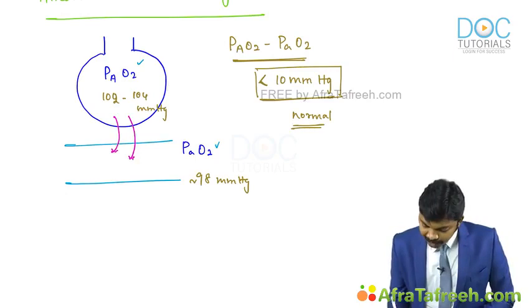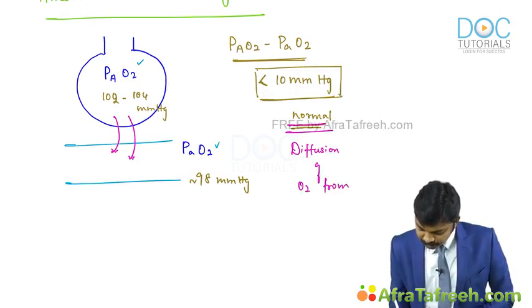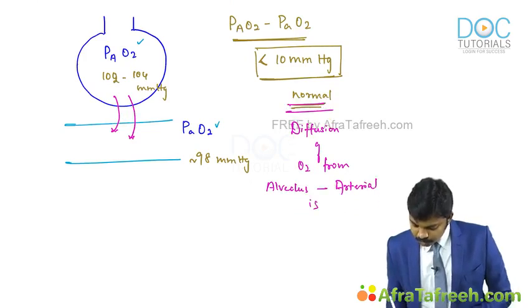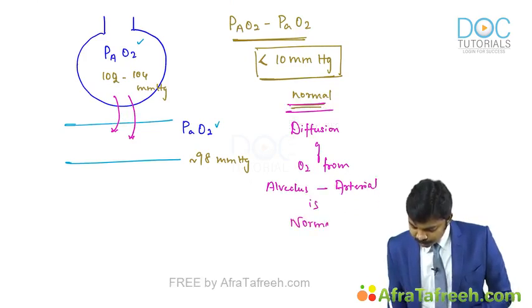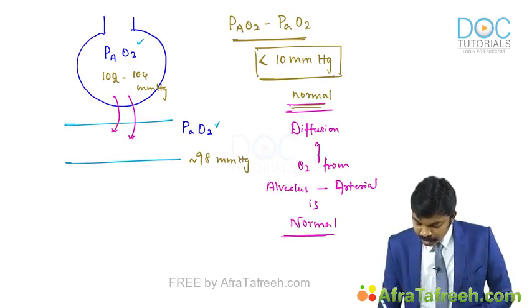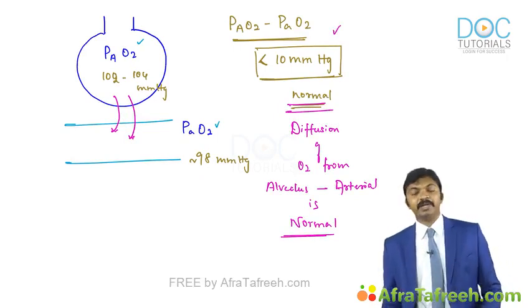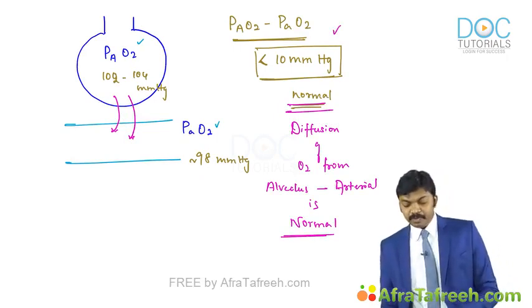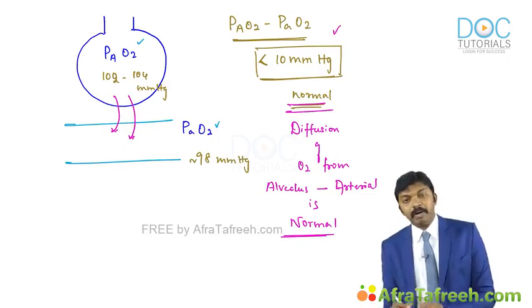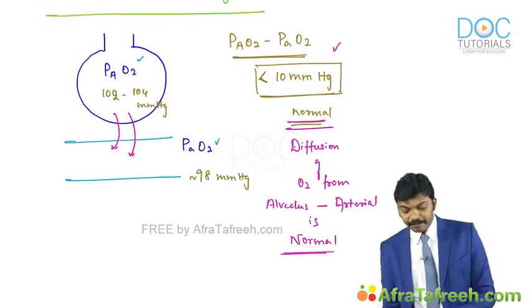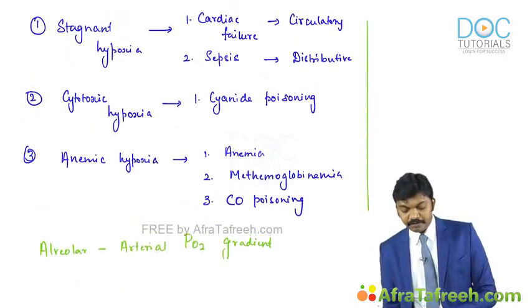A normal gradient indicates diffusion of oxygen from alveolus to arterial side is normal. This is the one point you have to infer from the alveolar arterial gradient, doctors. Fine. So let us consider the alveolar arterial gradient in these three conditions.